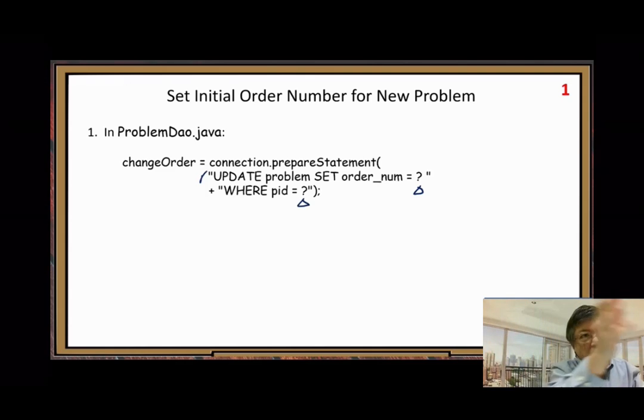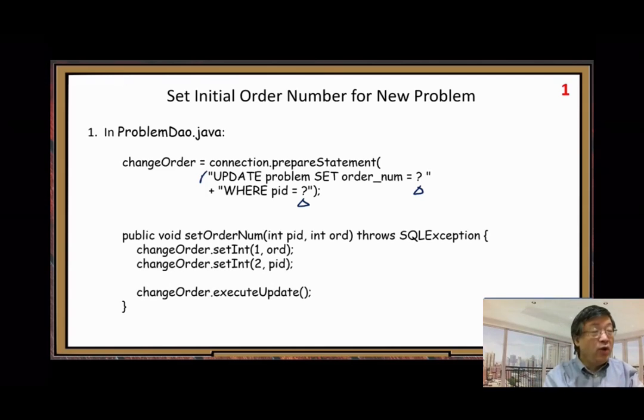Later we pass the values to it. Now the query method, set order number query, has two parameters. The first one, PID for that problem. Second, the order number we want to change.